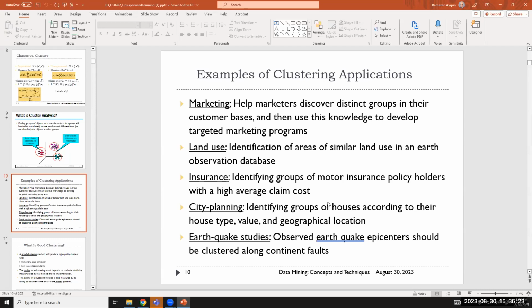So it's clustering by just looking at the images. Insurance: we may identify customers based on their cost. City planning. In any application we could apply clustering.